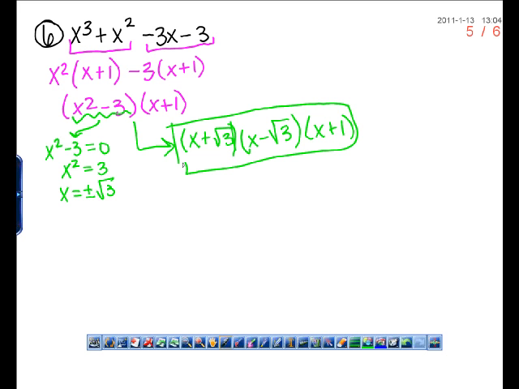So if you just wrote the square root of 3, you would have only had 2 factors, but a degree 3 polynomial. So that should help you check yourself. Did I remember to put them all in there? You always need as many factors as the degree. Yep, exactly.